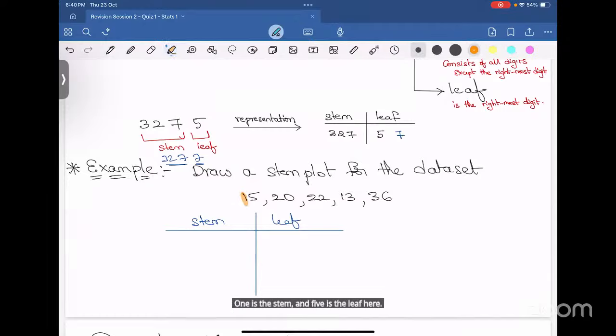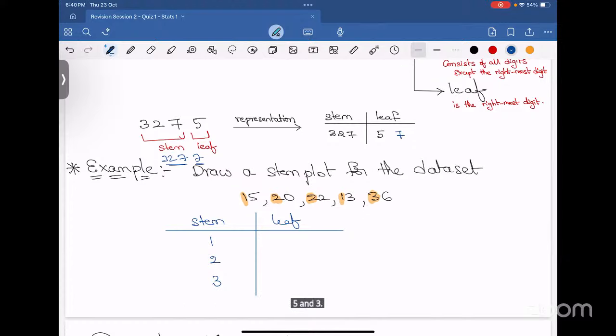So 1 we have 5. 1 is a stem, 2 is also a stem, and 3 is also a stem. So you can just write the stems first: 1, 2, 3. So 3 stems you have. Now see how many leaves are attached to stem 1. 3 and 5.